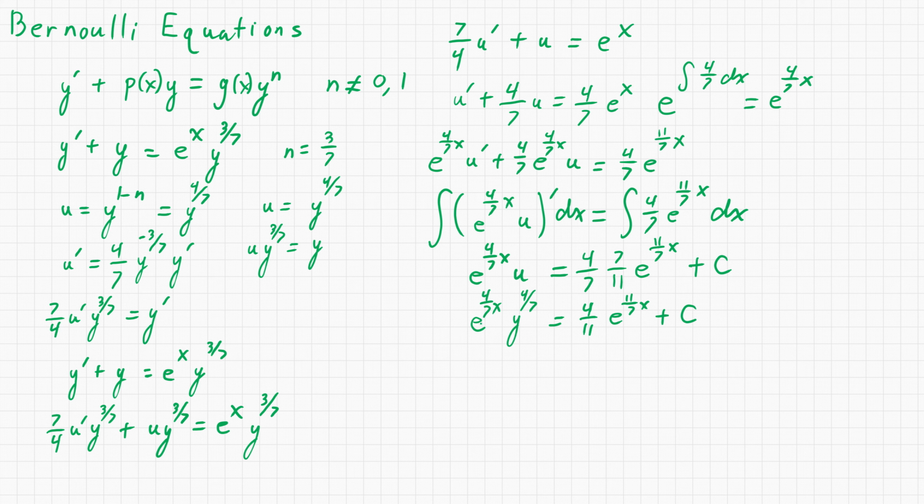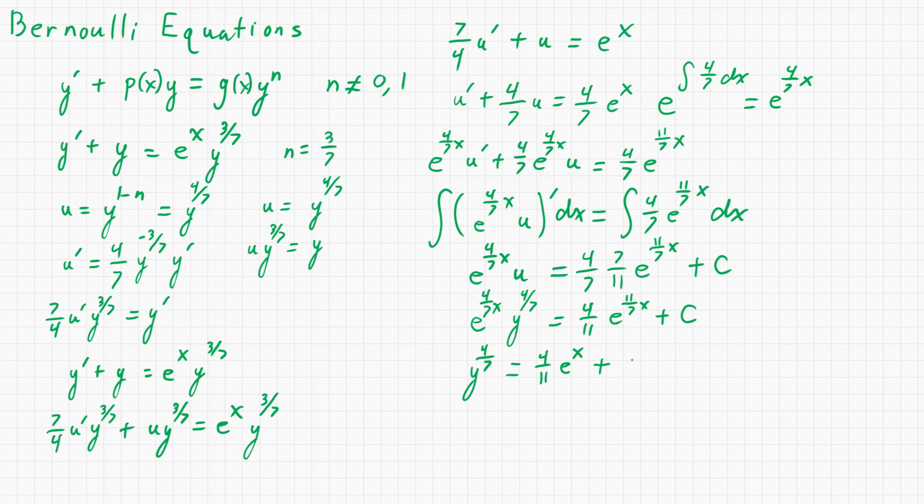All right, let's multiply both sides by e to the negative 4/7 x. So that ends up being y to the 4/7 equals 4/11 still, and I think that ends up just being e to the x. Yeah, pretty sure e to the x. Right, so 11 minus 4 gives you 7, 7 over 7, e to the x. And then I got my plus.